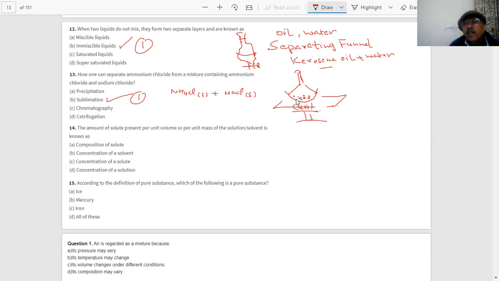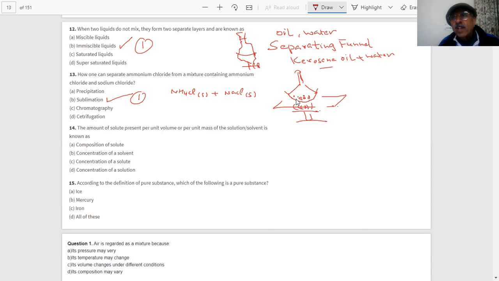When you heat it, which substance sublimes in this? Which substance will sublime? Ammonium chloride sublimes or NaCl sublimes, students? Which compound will undergo sublimation out of the two?